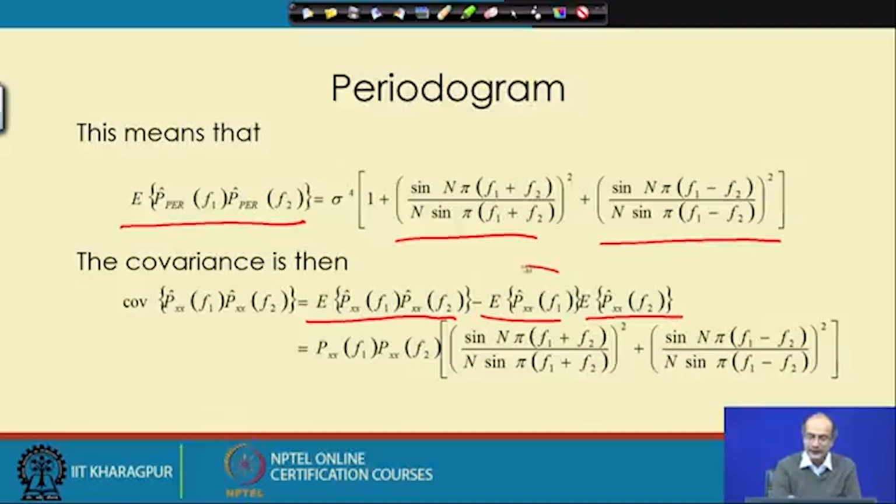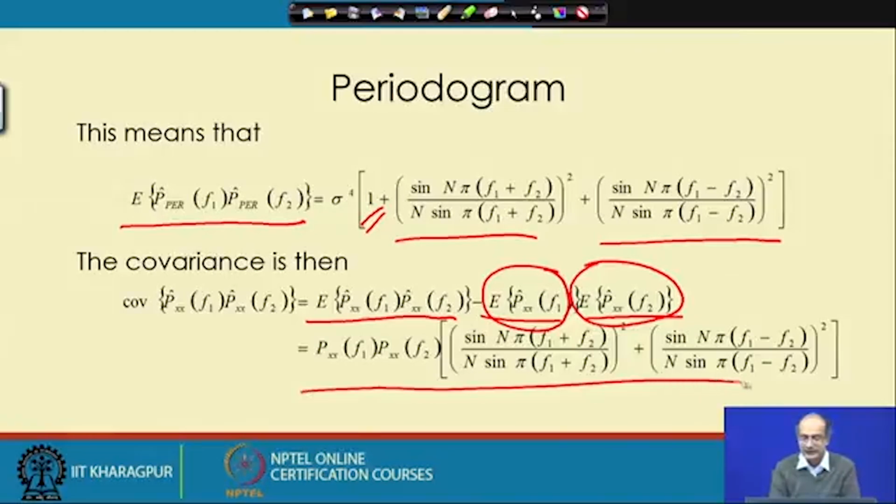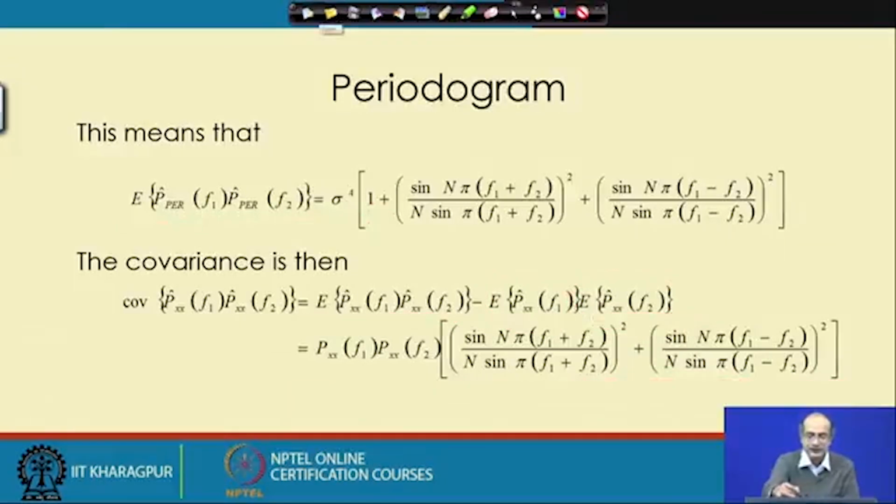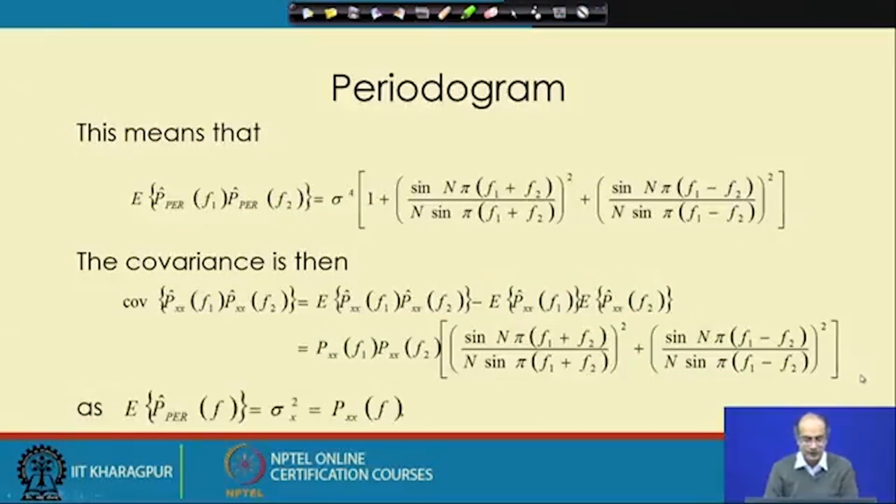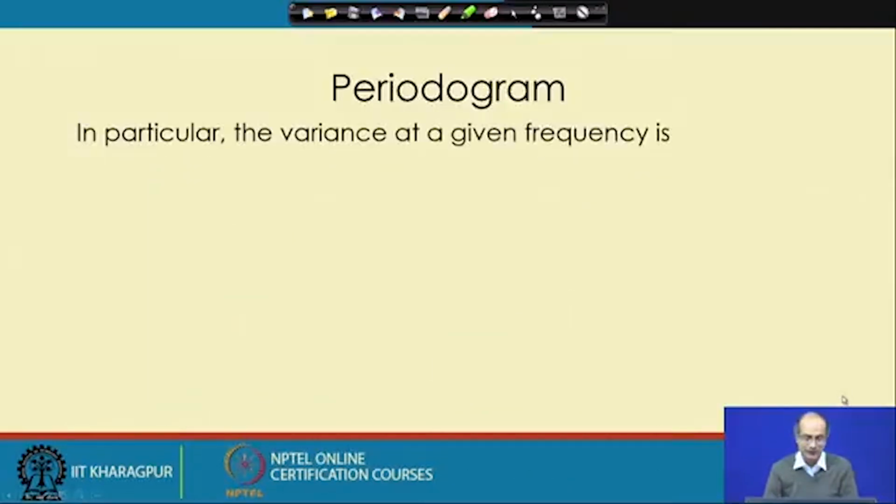Now, this one we already know would be sigma to the power 4. We get rid of this term. So, we are left with this expression. Okay. Now, this is somewhat simple, at least we could get some form, but it is not so simple that we could be very contented about it.